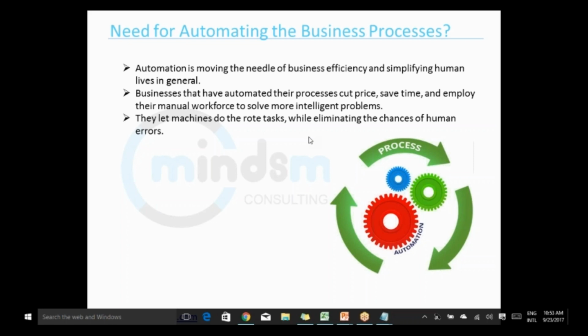So there is constant effort in and around those areas to reduce that time, as well as to reduce the human intervention in those processes. The need for automating business processes applies to all areas, not only the IT industry, but also industries like the automobile industry or machinery industry.